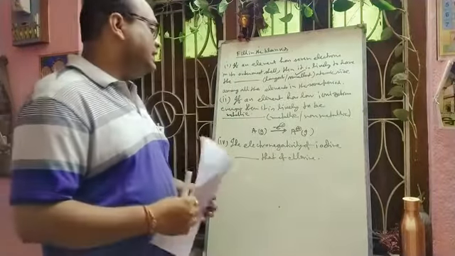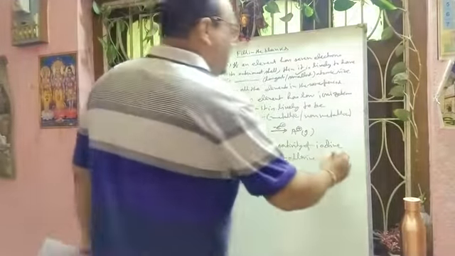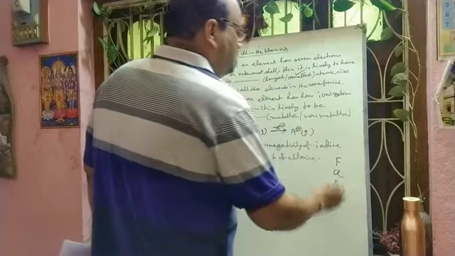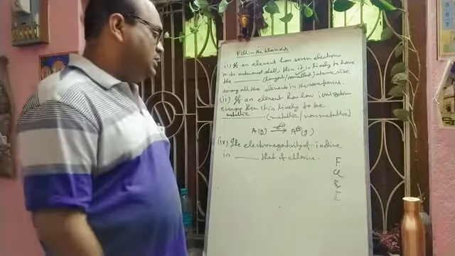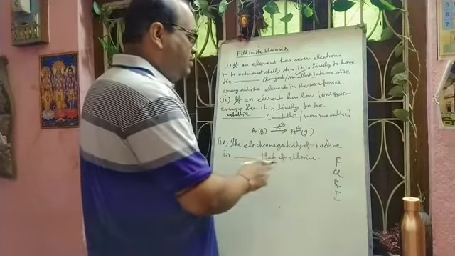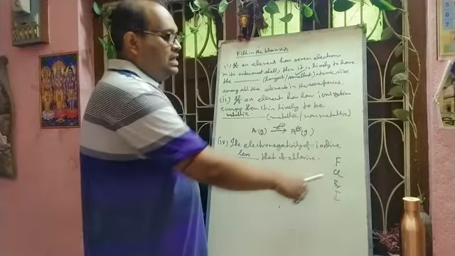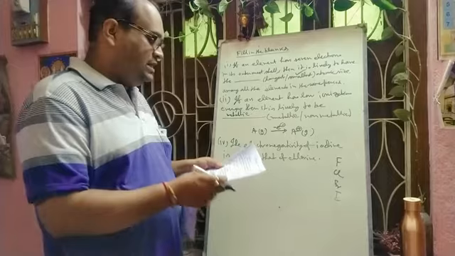If you look at the periodic table, in group 17, fluorine is the highest, then chlorine, then bromine, then iodine. So down the group, from top to bottom, the electronegativity decreases. So definitely the electronegativity of iodine will be less than that of chlorine, or the chlorine electronegativity will be higher than that of iodine. Hope you can understand.